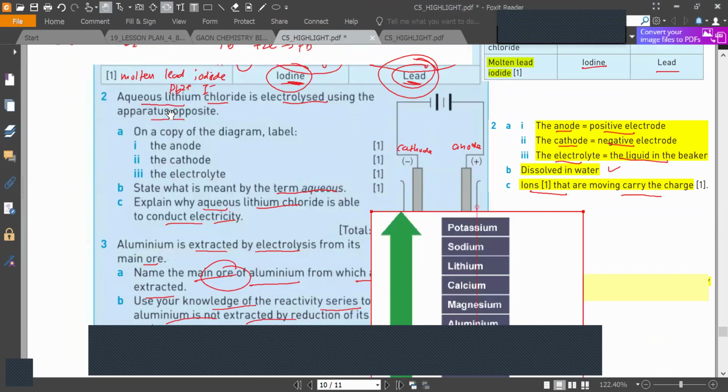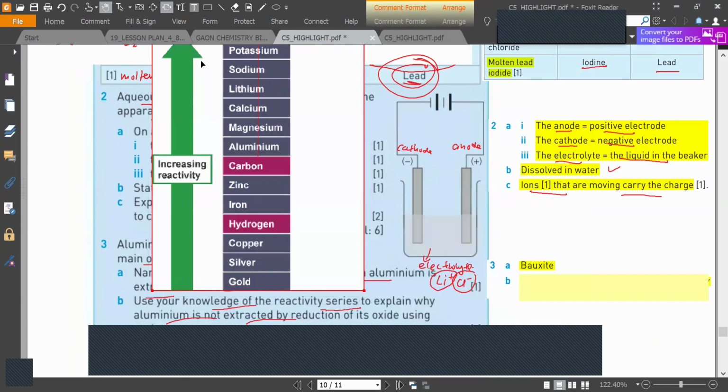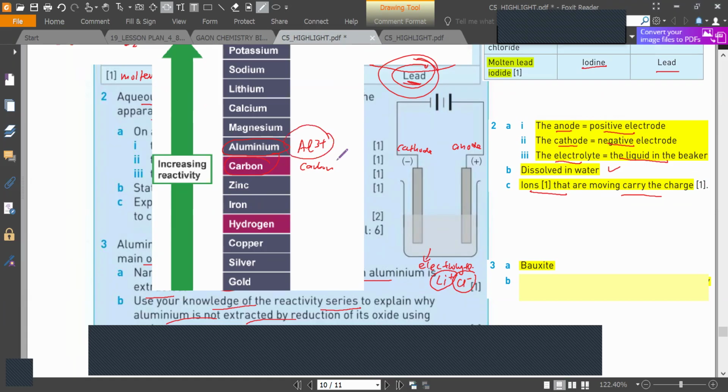In the reactivity series, we can see aluminium here and then carbon. Carbon we can use for zinc, for iron and so on. We can use carbon to take iron 3+ to iron 0, no problem. Zinc 2+ to zinc 0, no problem.